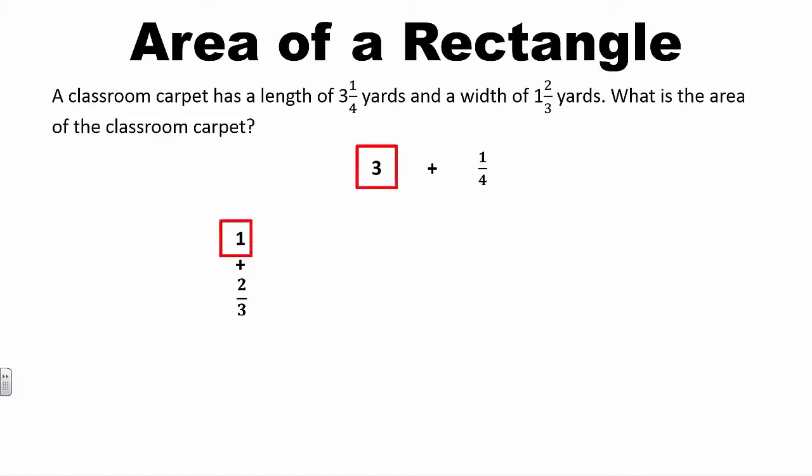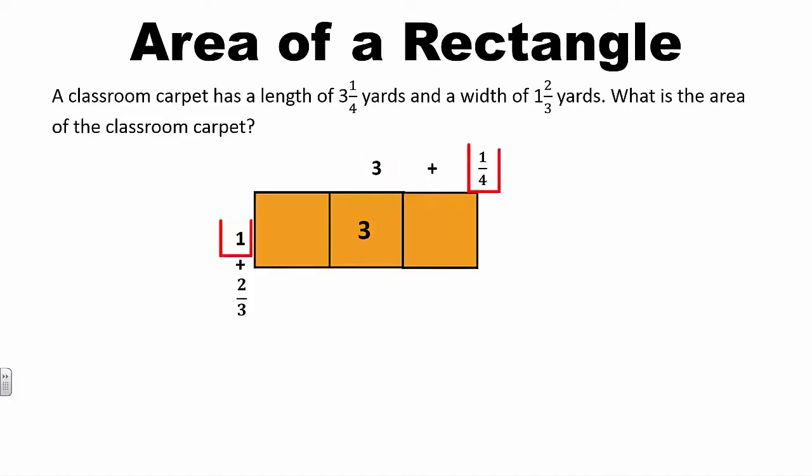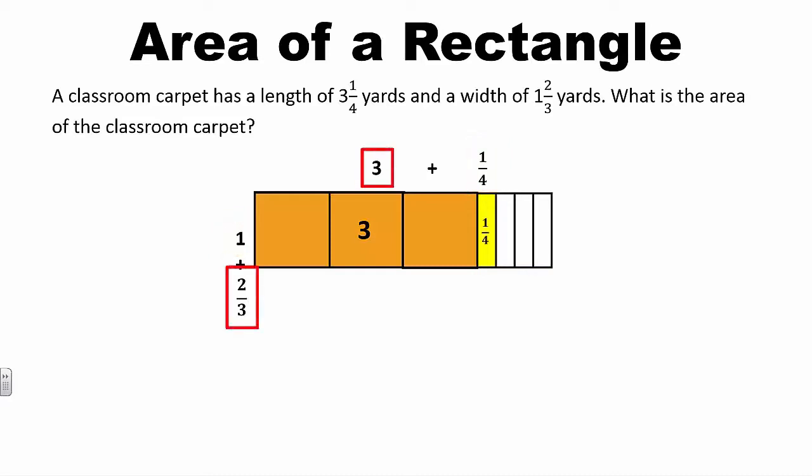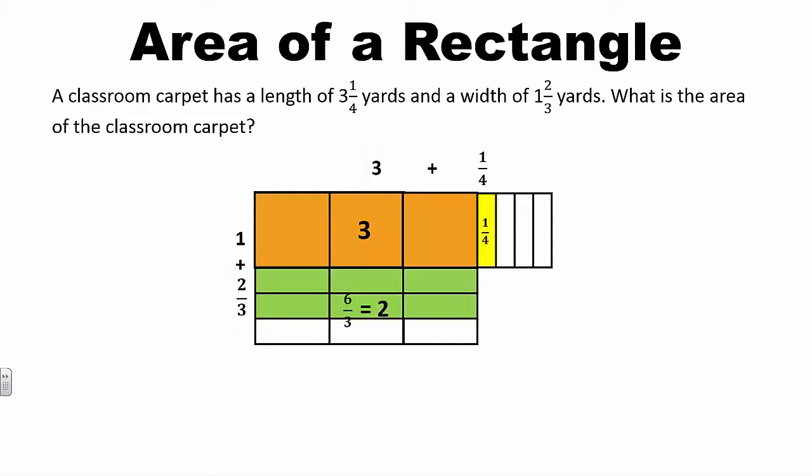3 times 1 equals 3. 1 times 1/4 equals 1/4. 2/3 times 3 equals 6/3 or 2. And 2/3 times 1/4 equals 2/12.